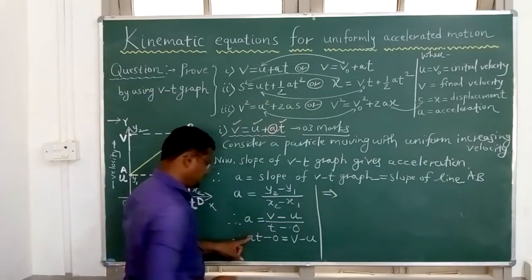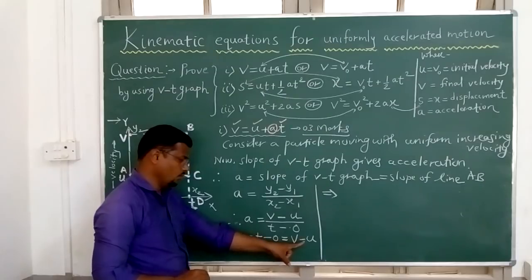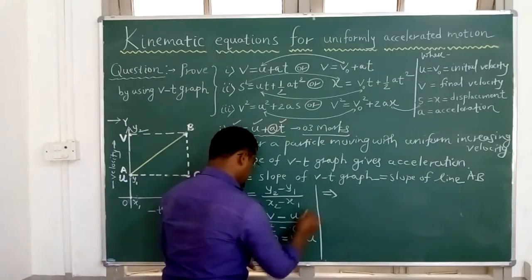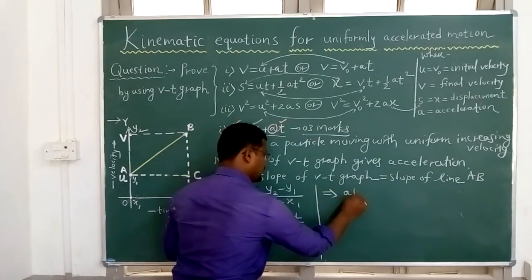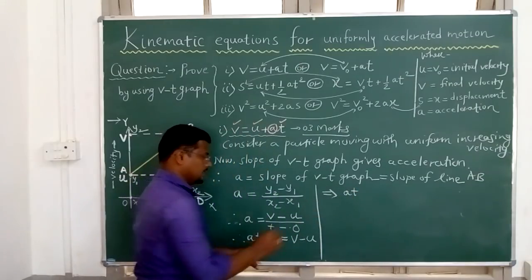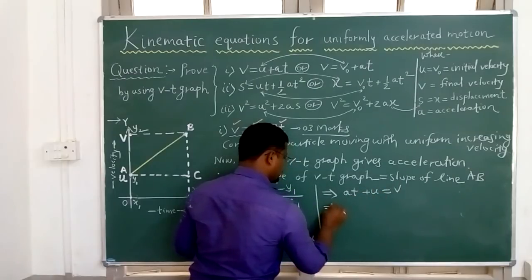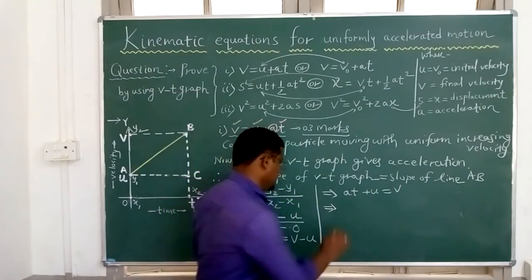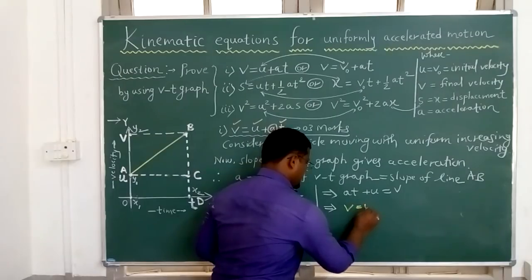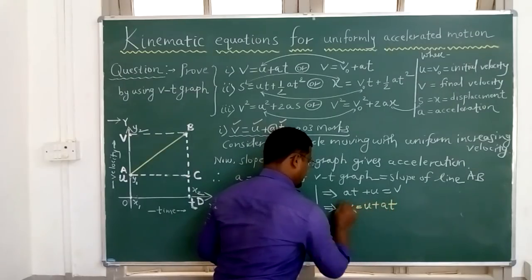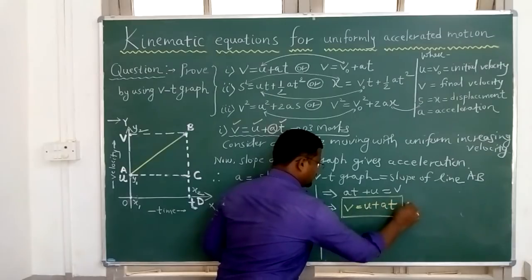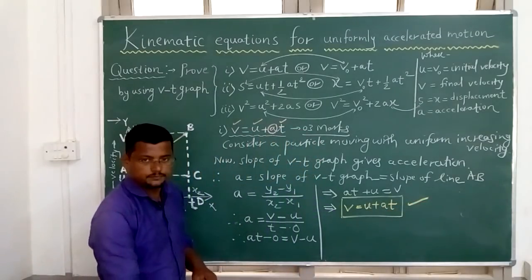This implies v minus u is equal to a into t. So a into t, this minus I will bring to this side, so it is plus u, and this is equal to v, and this gives me the final answer. v is equal to u plus a into t. This is the proof.